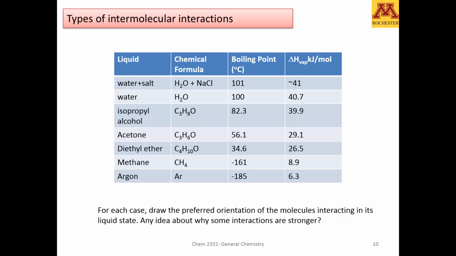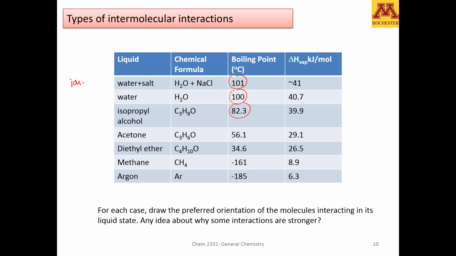Okay, so let's see how these different interactions rank. Well, you just need to look at the boiling point to see which one is stronger. Because we have water and salt, once we throw salt in water, the boiling point increases. This means that the water molecules now are held together more strongly.